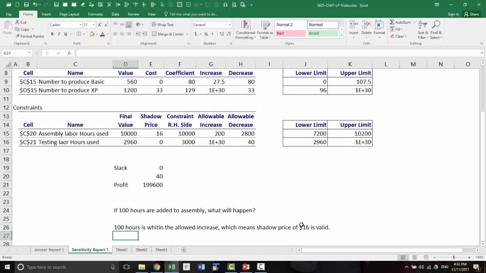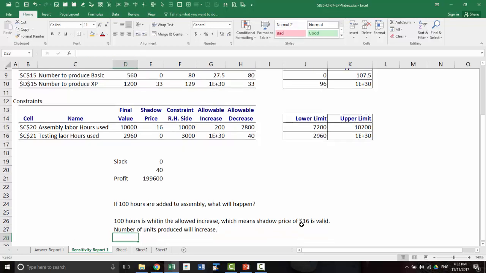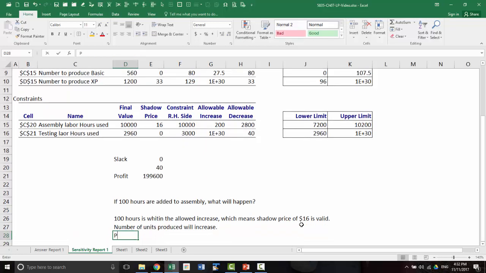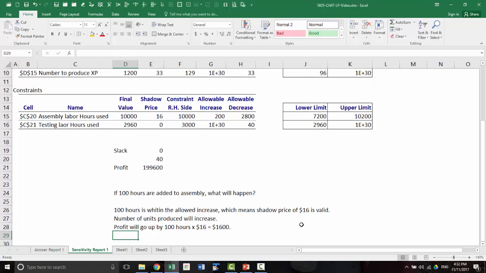Next, the number of units produced will increase, but we don't know by how much. That we can't tell. We have to solve the problem. Now, profit will go up by 100 hours times $16, the shadow price. So it'll go up by $1,600. So that's what we can tell.